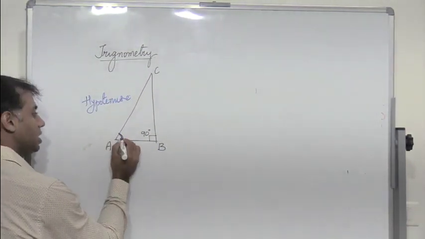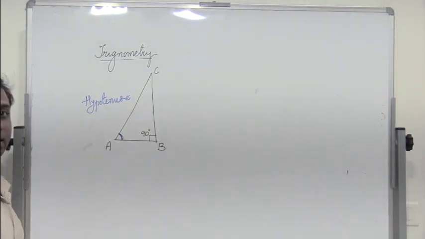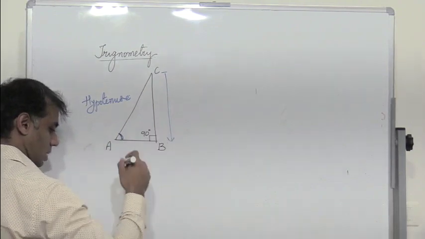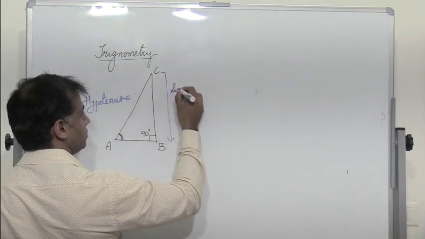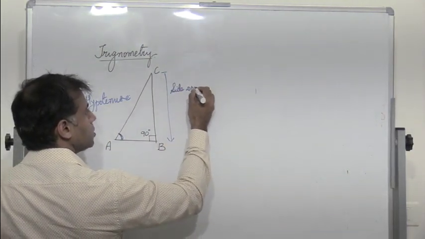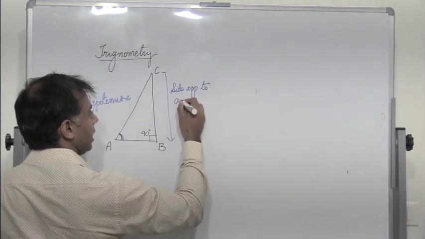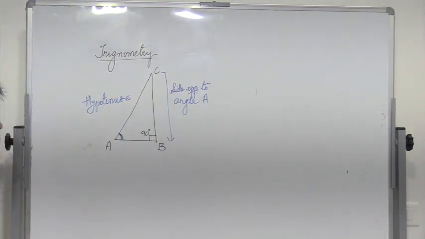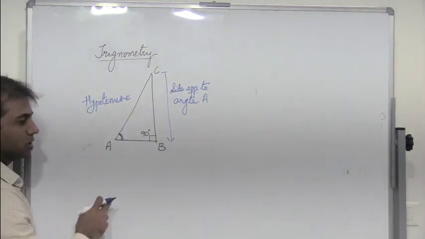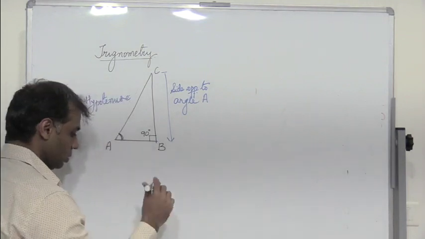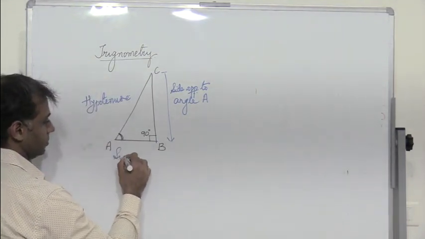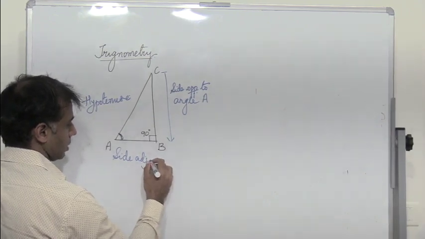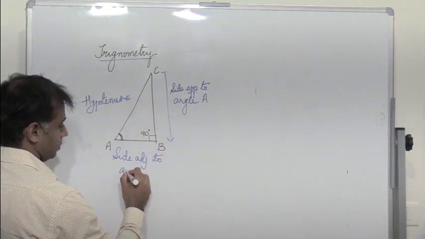The angle considered is at A. So this is at angle A. So this side BC happens to be the side opposite to angle A. Right? And this is the side AB which is adjacent to the angle A. So this is the side adjacent to angle A.